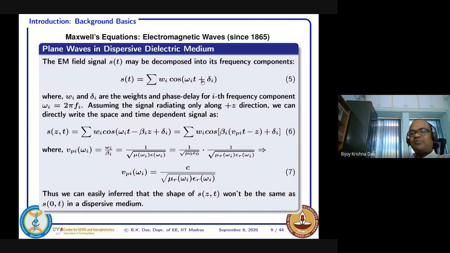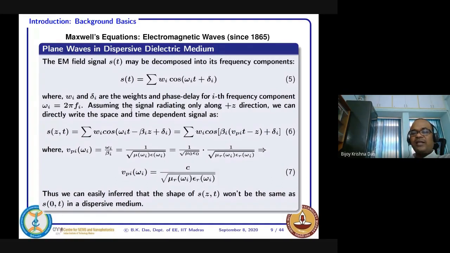Each of these frequency components will have some initial phase, say delta i. You add them with certain weightage and then you get the time-dependent signal. That is actually a Fourier expansion: s(t) is expanded into harmonics, depending on the signal shape. It is mentioned there, the ith frequency component, where omega i is just the linear frequency.